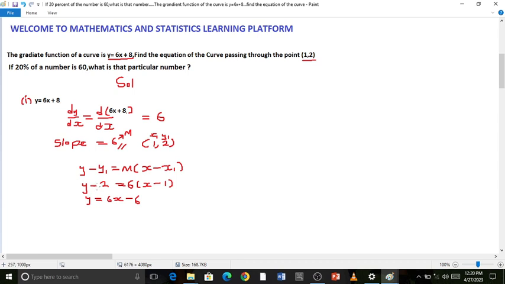When you add the additive inverse of negative 2, which is positive 2, to both sides of this equation, we are going to have y is equal to 6x minus 4. So this is the equation of the curve that you've been asked to find.